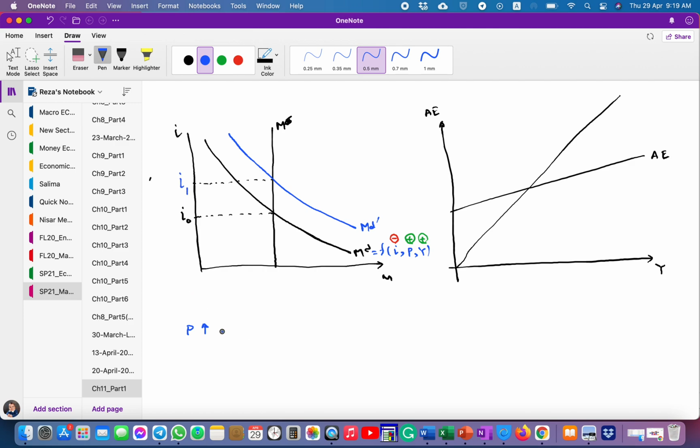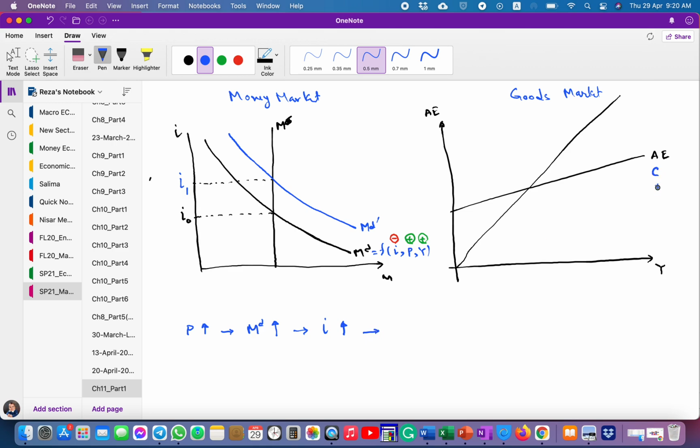As a result, this is the money market, and this is the goods market. Money demand is shifting to the right and above, and as a result, the interest rate will increase. And once the interest rate is increasing, what is going to happen?